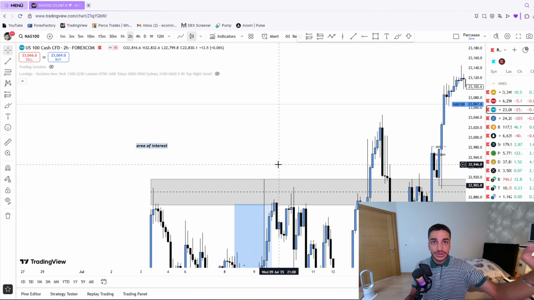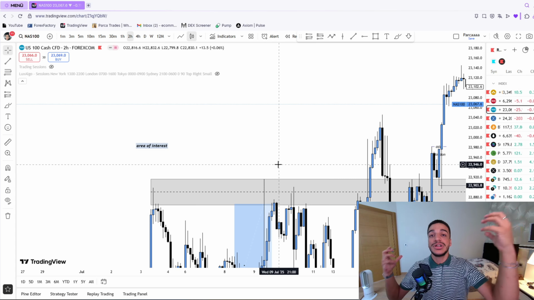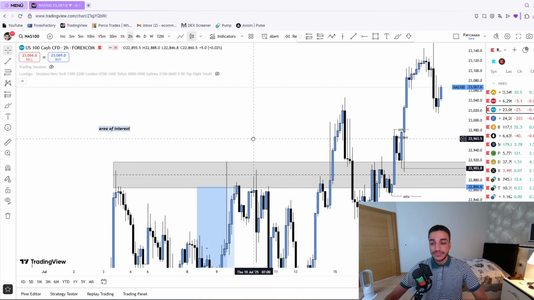It doesn't tell you price will go bearish or bullish, but it has a high chance of a good reaction. All right. So, point of interest, area of interest.